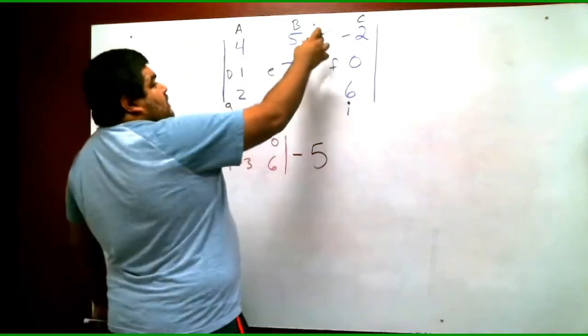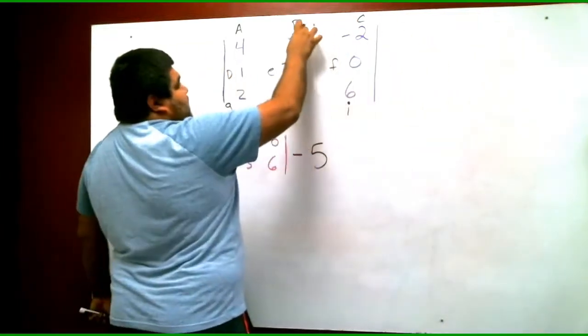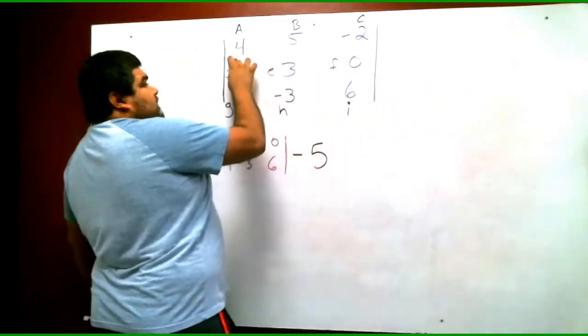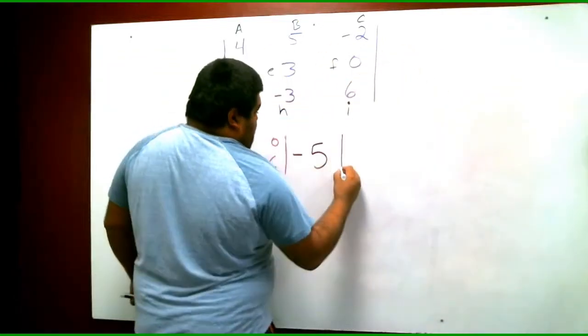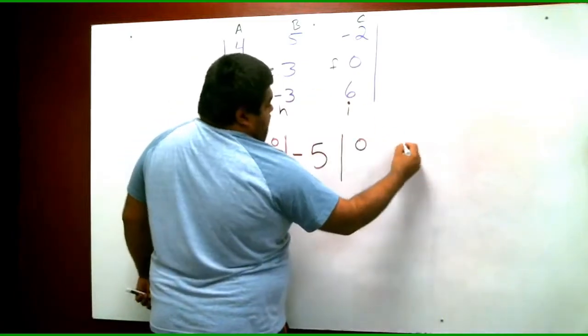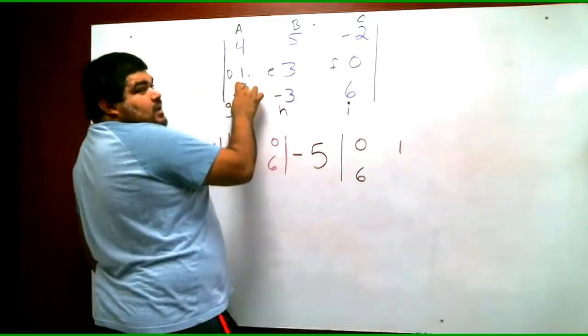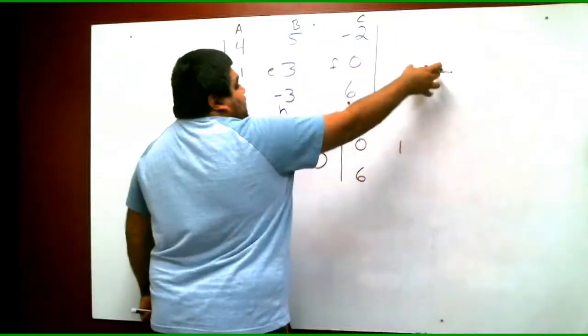And again, remember, we have 5, and then the two next ones, which is 0, and in this case, the 1 would be over here. So we have 0, then the 1, and then 6 under the 0, and then the 2, right? Because it's the one we're using.